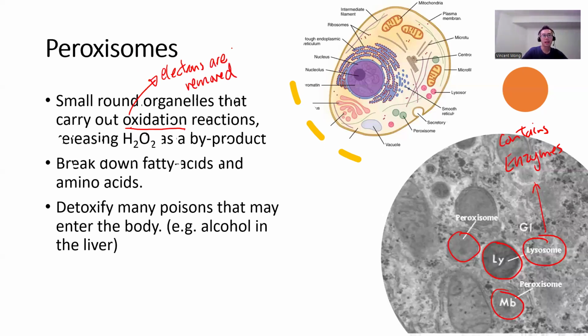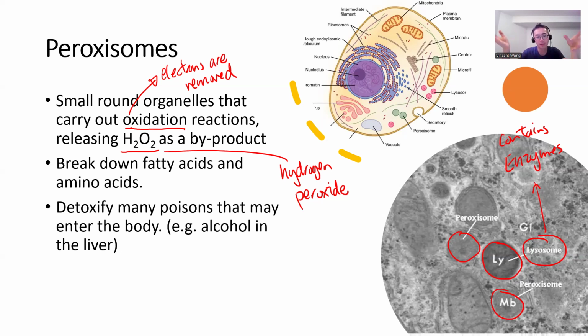Okay. And as a byproduct of these oxidation reactions, the reactions themselves generate these H2O2, which are hydrogen peroxide. Okay, and we don't want hydrogen peroxides to be floating around in the cell. They can cause quite a bit of damage. They could damage DNA, they could damage proteins, and so we just want to contain them within the peroxisome.